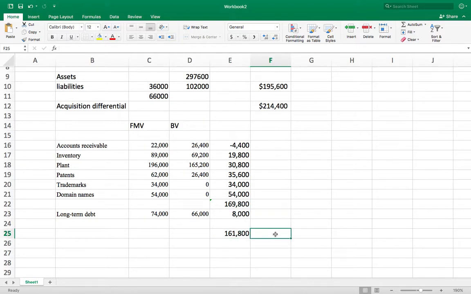Total is 161,800. Now we can calculate their goodwill.